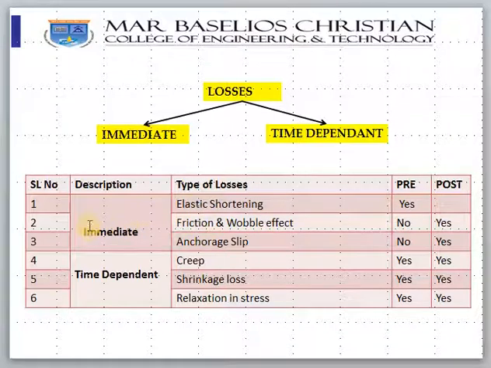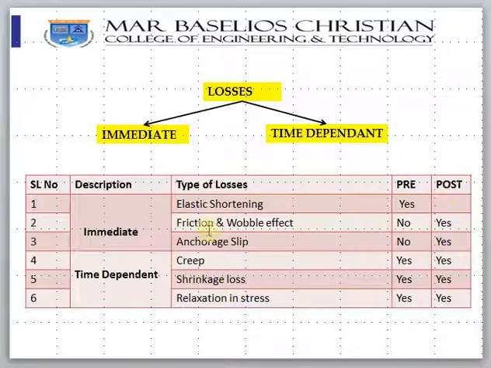Generally the immediate losses are: one is elastic shortening of the concrete, elastic deformation of the concrete. This happens mainly in pre-tensioning, and in post-tensioning. If all the tendons are stressed at the same time, it will not happen, but if you are stressing successively, it will happen.